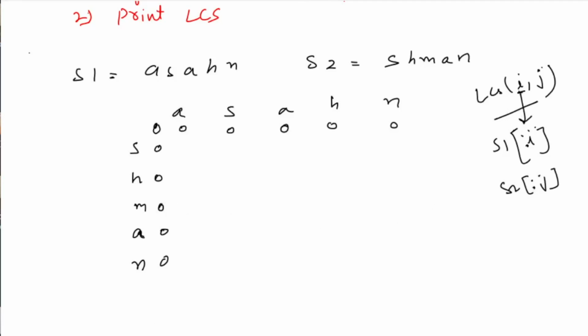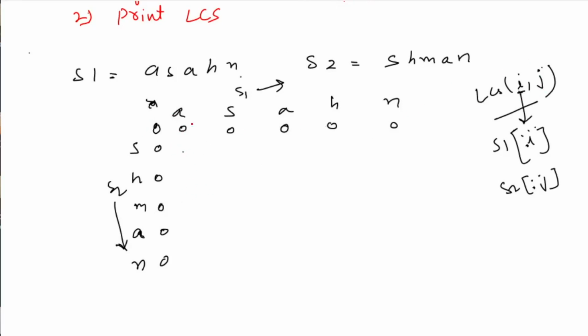So now let's start. Currently we are at 1 comma 1, that is our prefix from this. This is our s1, and this is our s2. Currently we are at index 1 for both, that is both i and j are 1.